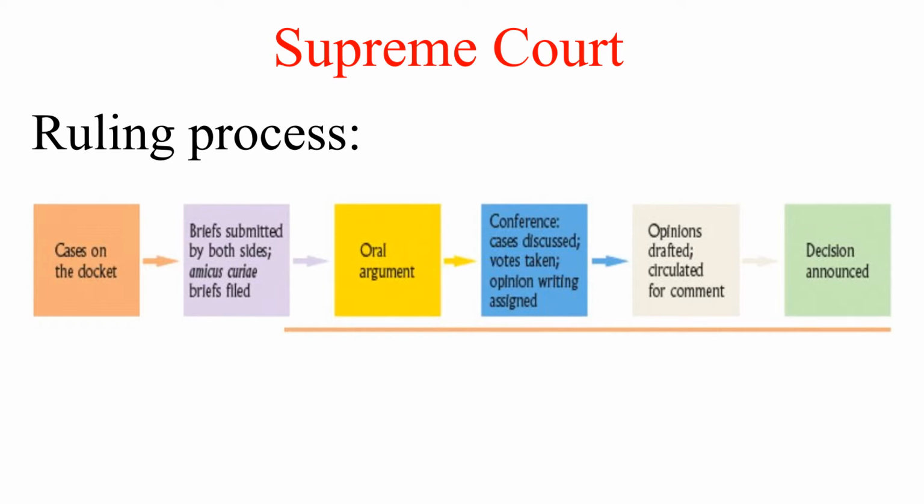The presiding justice also votes on the matter and provides an opinion paper as well. And whichever opinion wins, that becomes the court's overall position. However, when the court announces its overall position, it also makes note of the dissenting justices' viewpoints as well.